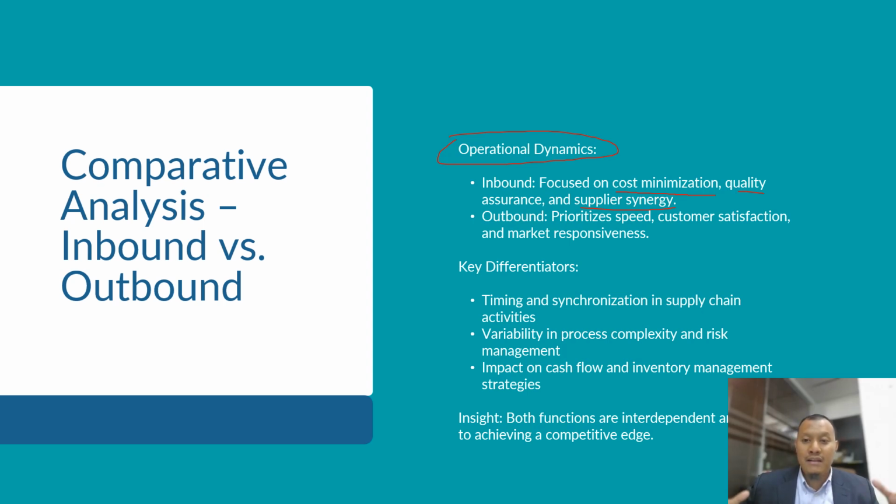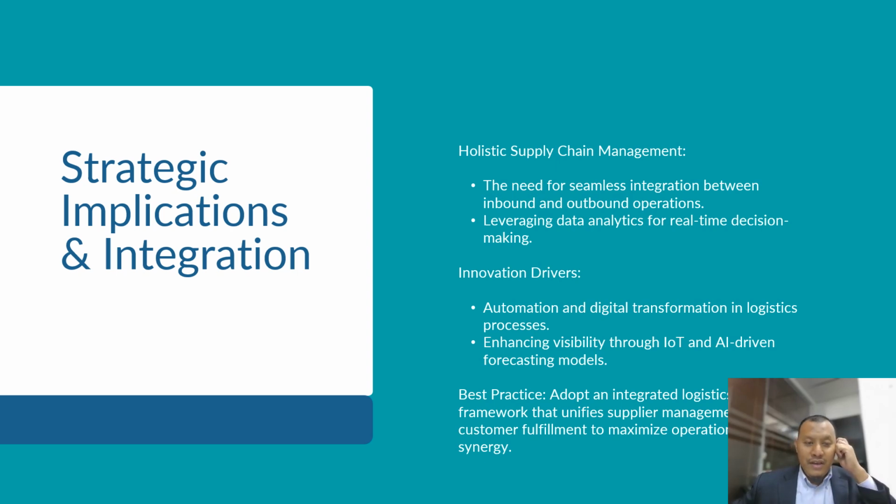Both of them are interdependent and interrelated to achieve a competitive edge for the company. Here is the strategy implication and integration for inbound and outbound logistics. The first one is the need for seamless integration between inbound and outbound operations. Integration here, as I mentioned before, is about the interrelation and interdependence between these two functions.